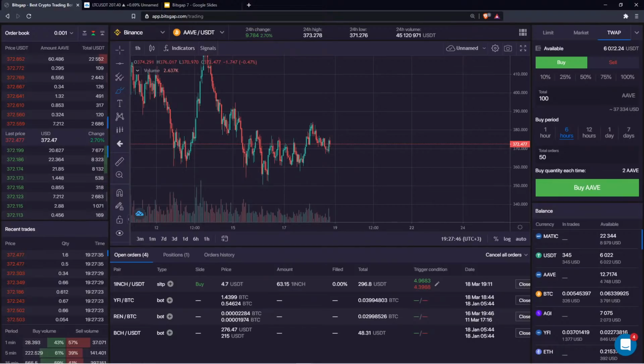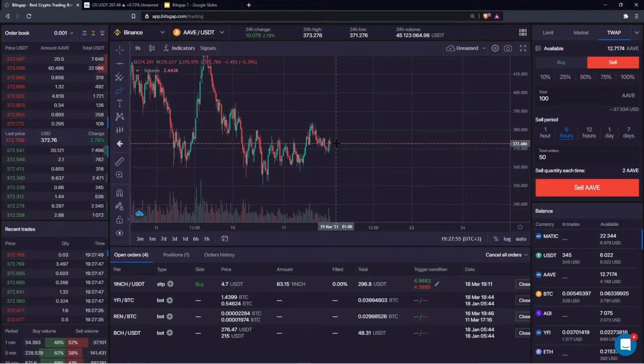Okay, and the same applies with the Twap sell. If you don't want to make the market crazy, and you just want to spread this high volume across multiple orders, then Twap is the option for you.